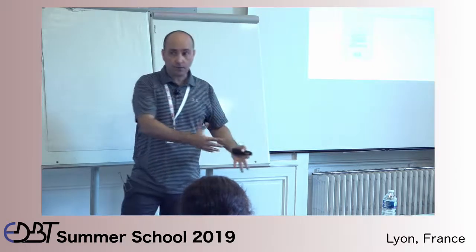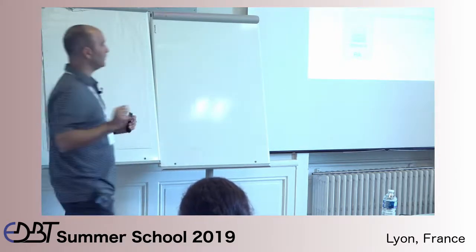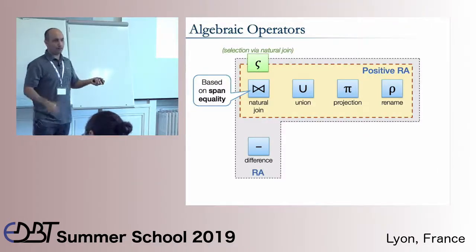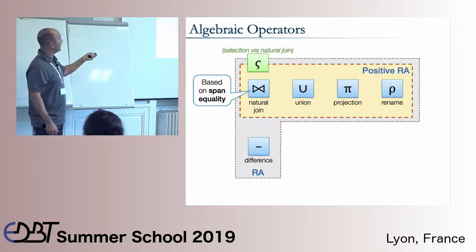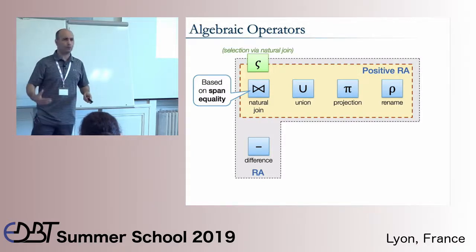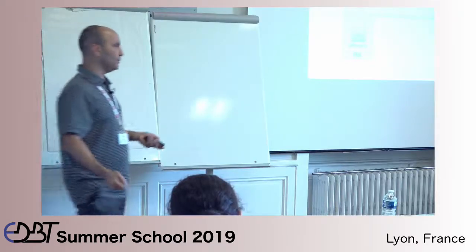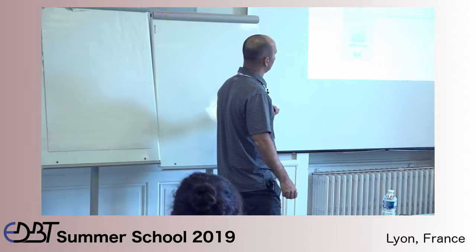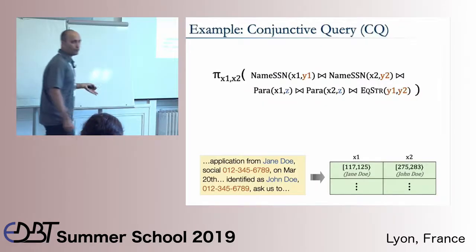So instead of selection, we do a natural join with our condition. This is just a cleaner way of defining what exactly we have in this language, because if we use selection, then we would also need to specify what the different conditions are that we allow you to encode in the selection. So, no selection.